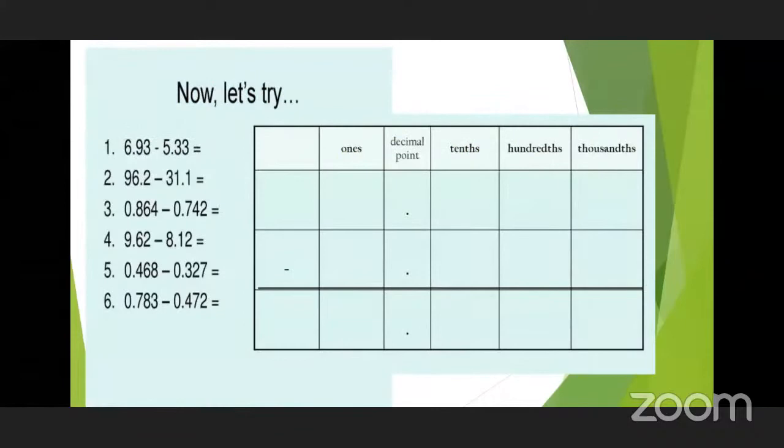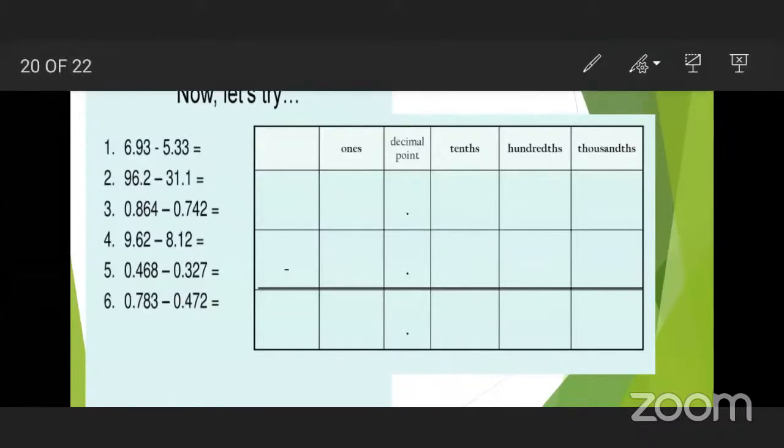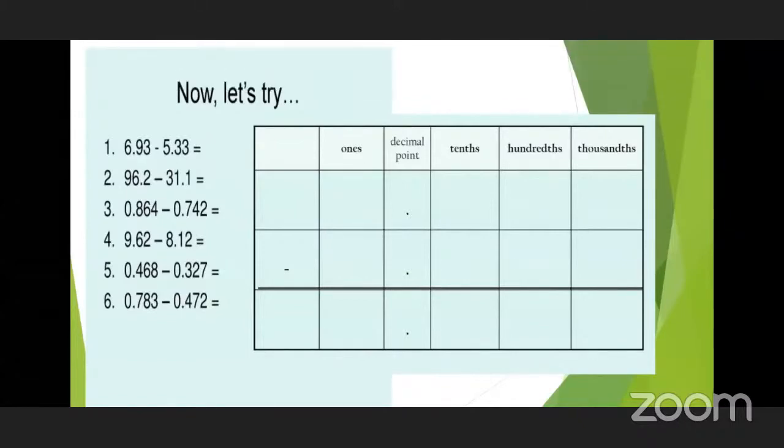Now I think you will very well understand how to subtract. This one is for you. Who will read the first one? Teacher, can I read?